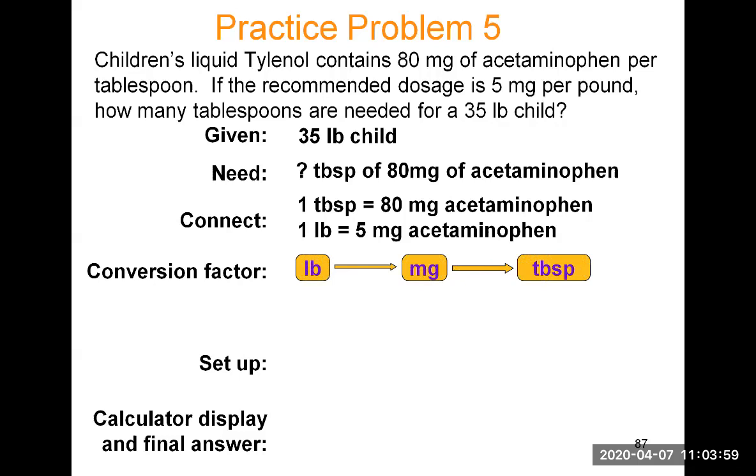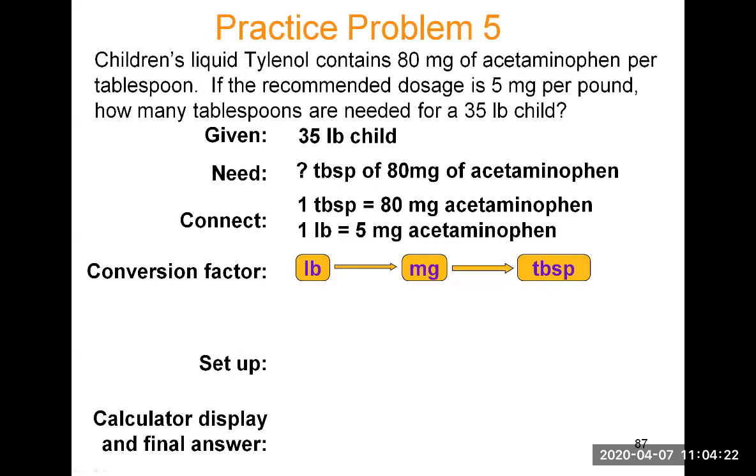So from pounds to milligrams to tablespoons. Pounds is the weight of a child, milligrams is milligrams of acetaminophen, and tablespoon is a tablespoon of the liquid Tylenol. So the given amount is the 35 pounds of child.